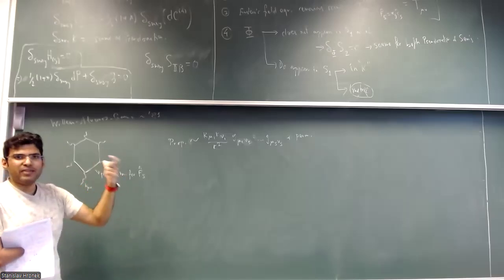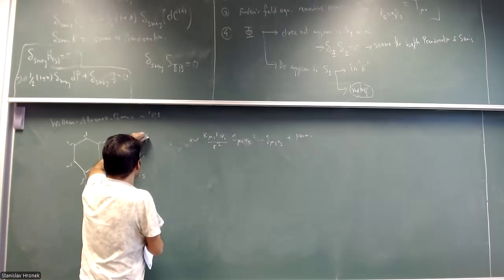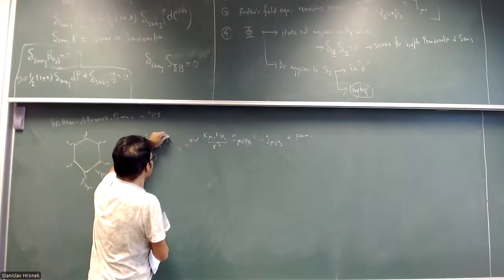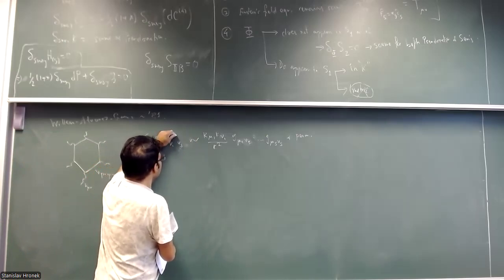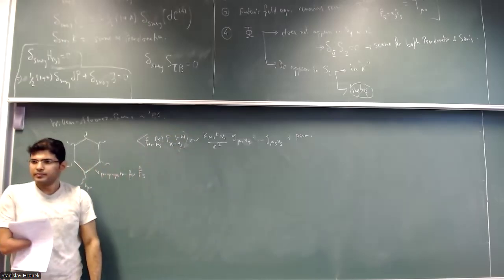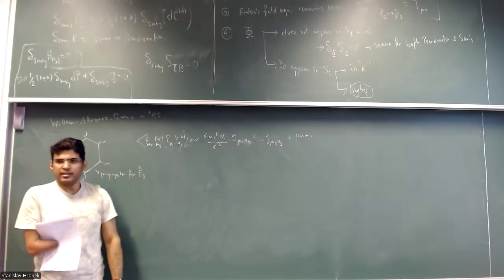Each of them has 5 indices. So it's basically a 2-point function of F mu1 to mu5, k, F mu1 to mu5, minus k. This is what they suggested.